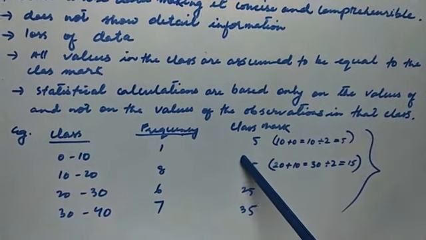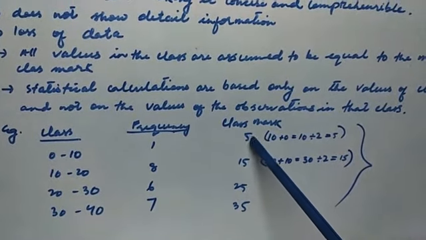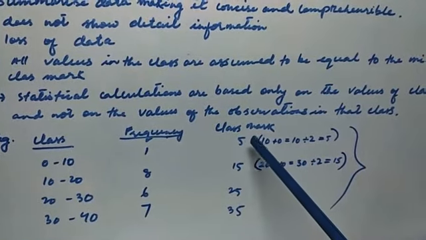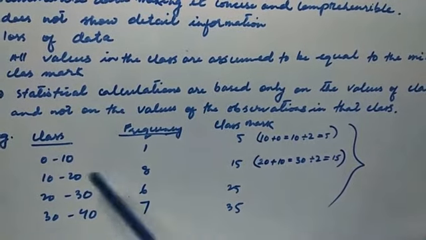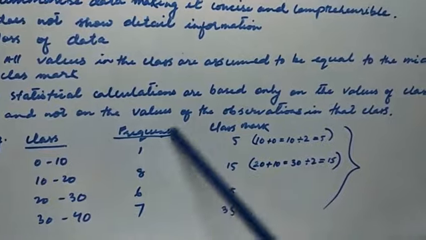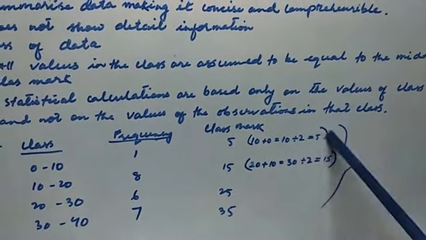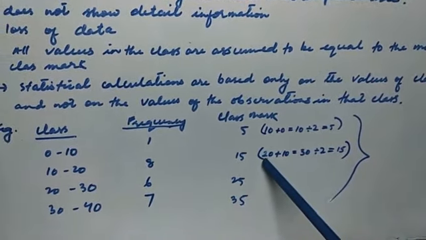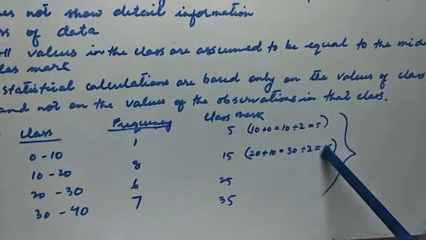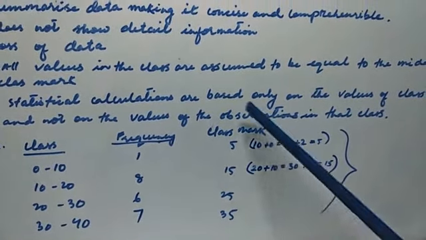We have discussed how we got the class mark: we add up the upper limit and the lower limit and divide by 2. So we got 5 here, and then 20 plus 10 is 30, divided by 2 is 15. That is how we obtain the class mark.